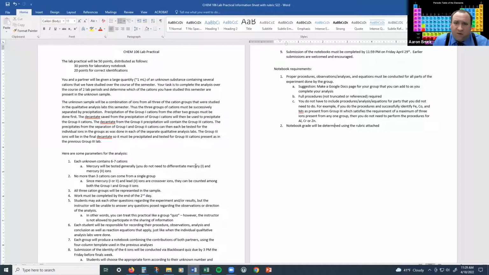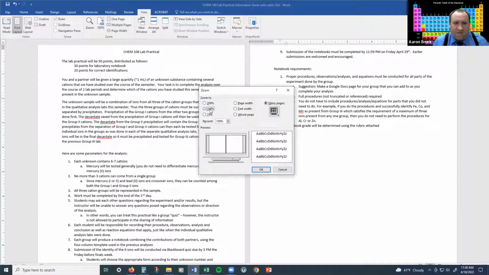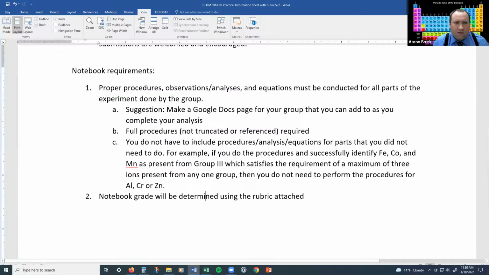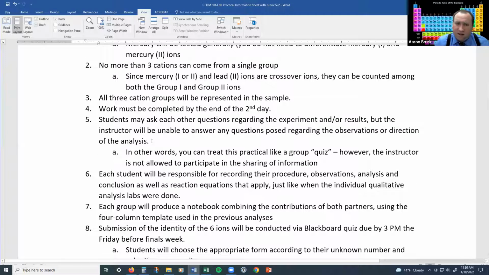How this is going to be formatted, how this is going to look and feel as far as you are concerned, this is very much going to look like a group quiz.